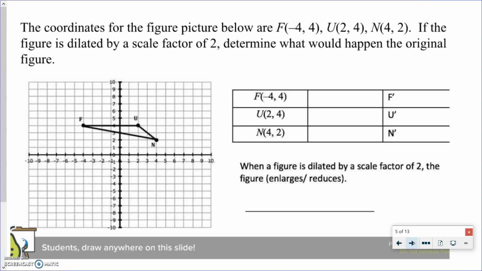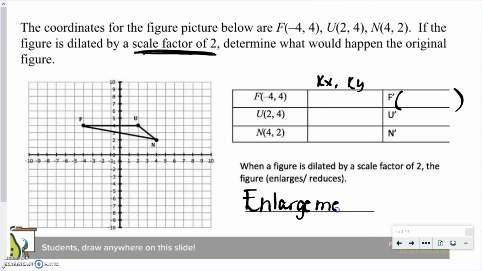So what I am going to do to get my F prime, U prime, and N prime, I'm going to multiply by my scale factor. So what happens here? K times x, K times y. Okay, if I have a scale factor of 2, that means this image is an enlargement. I know it's an enlargement because 2 is greater than 1, so my image should be larger.